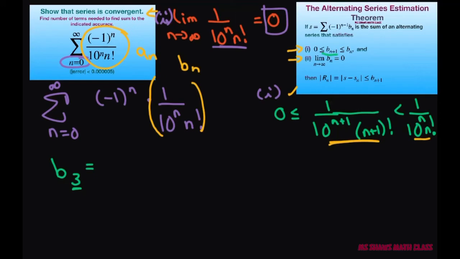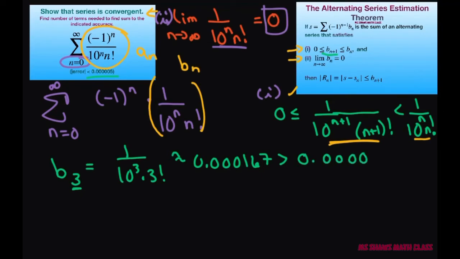This would be 1 divided by 10 cubed times 3 factorial, which is approximately 0.000167, and that's greater than our desired results. So that's greater than 0.000005.